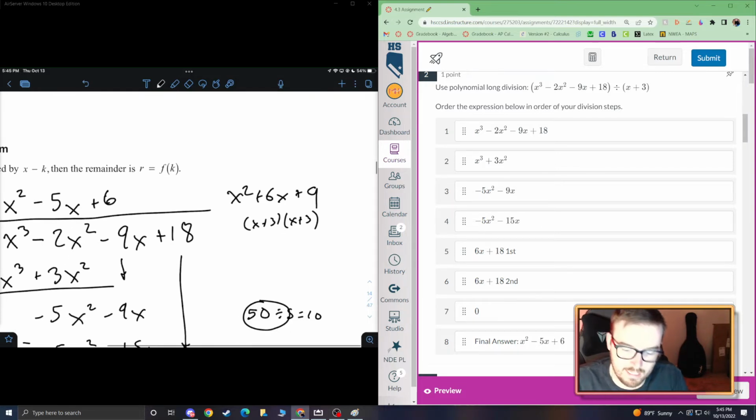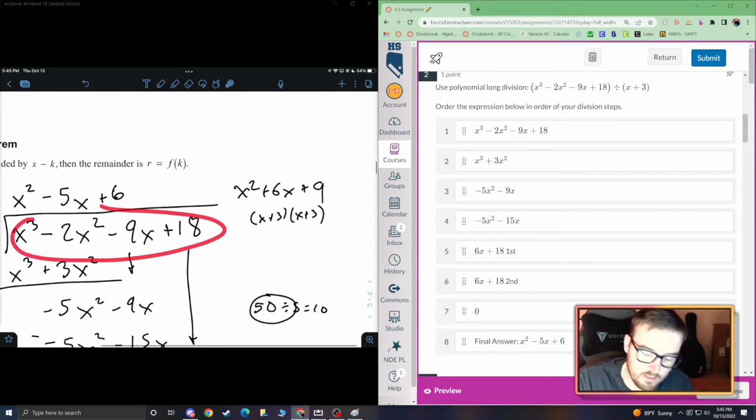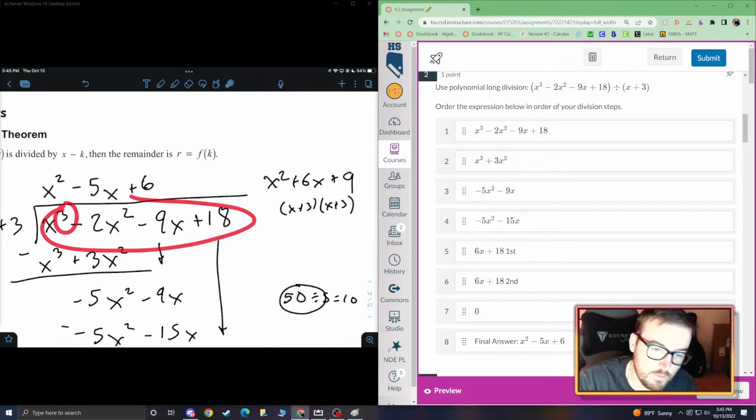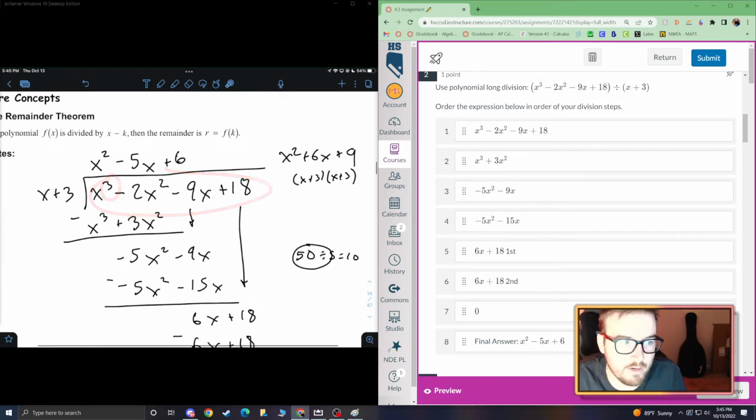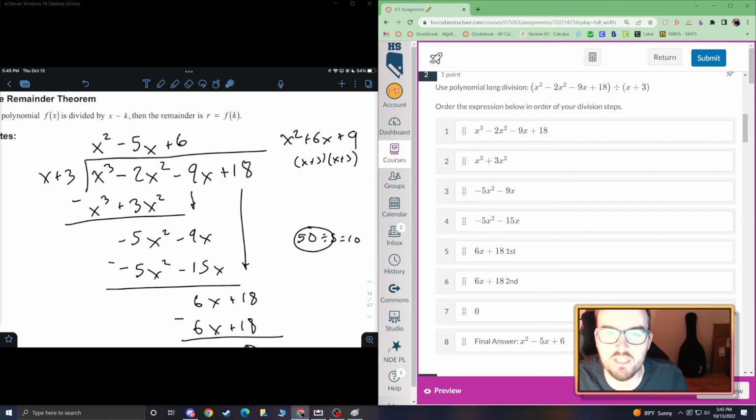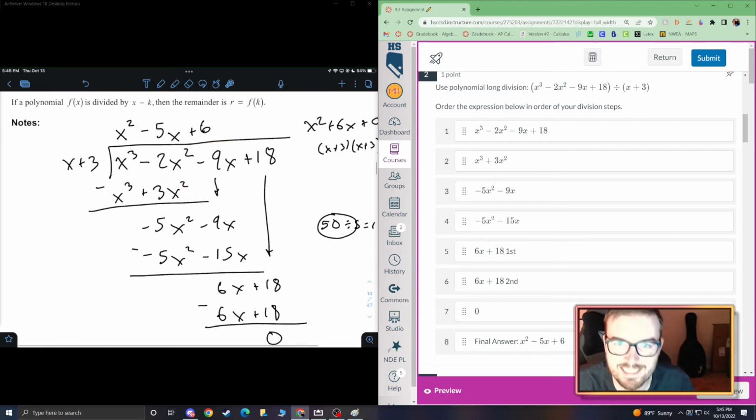But now what about longer expressions like this one with x cubed? We're discovering a factor here by getting a divisor, by getting a remainder of 0. We have just successfully determined that x plus 3 is a factor.